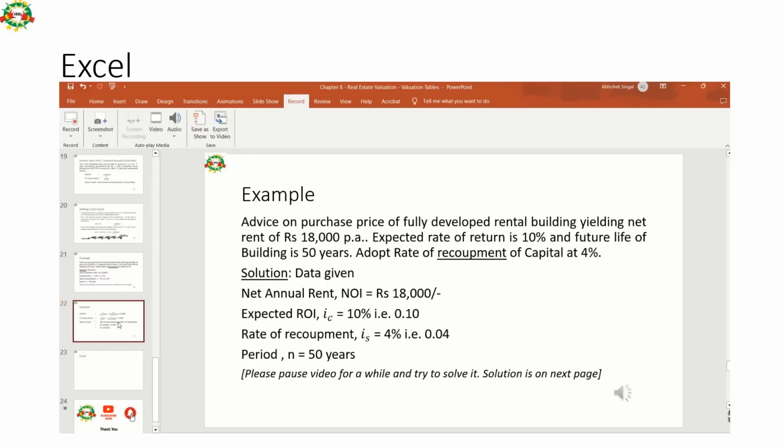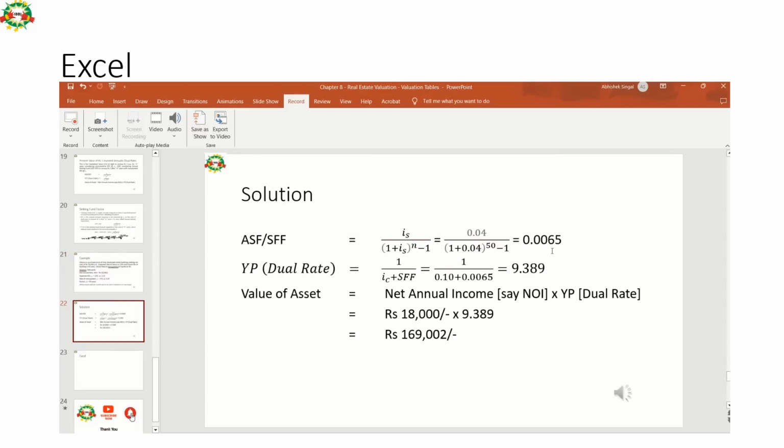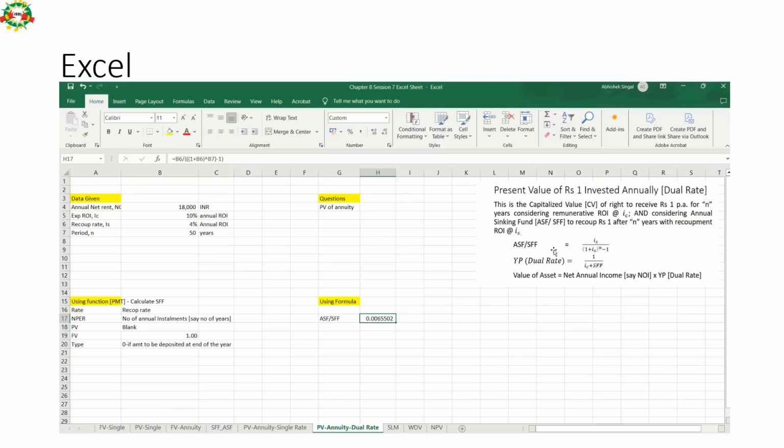Okay, so the same value. If we see the answer here, 0.00655. So let us write it here, 0.0065. Correct.